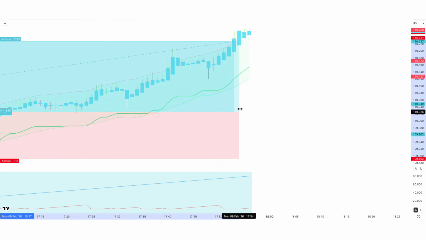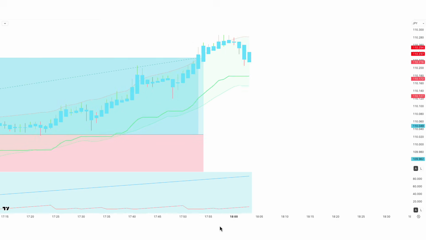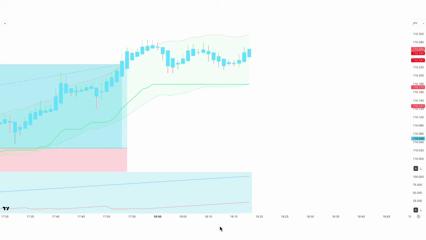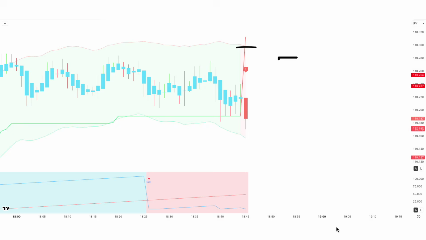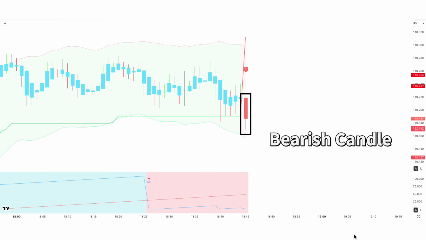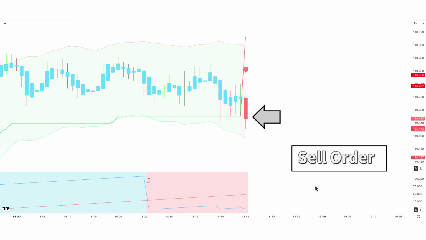Let's find the next trade. Here, the professional signals label of this indicator is sell signal. Here, the top-bottom triangle of this indicator is down. Here, market has made a bearish candle to give confirmation, so all our conditions are being fulfilled, so we are placing an order to sell.